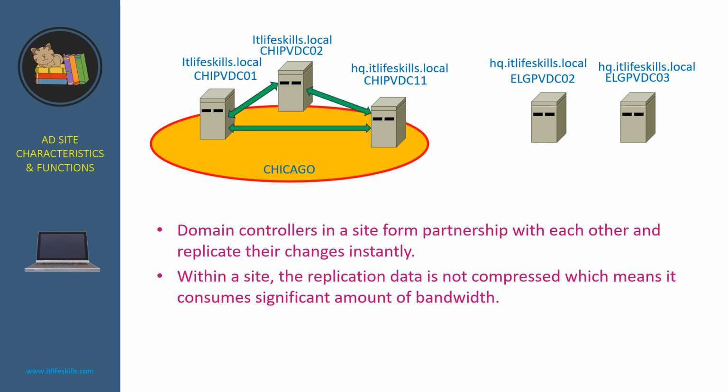Similarly, when we promote domain controllers in Elgin subnet and put them in Elgin site, they will form partnership with each other. Now, when there is a configuration change happened on CPVDC01, the change will be replicated to CPVDC02 and CPVDC11 right away, and the replication data is not compressed.